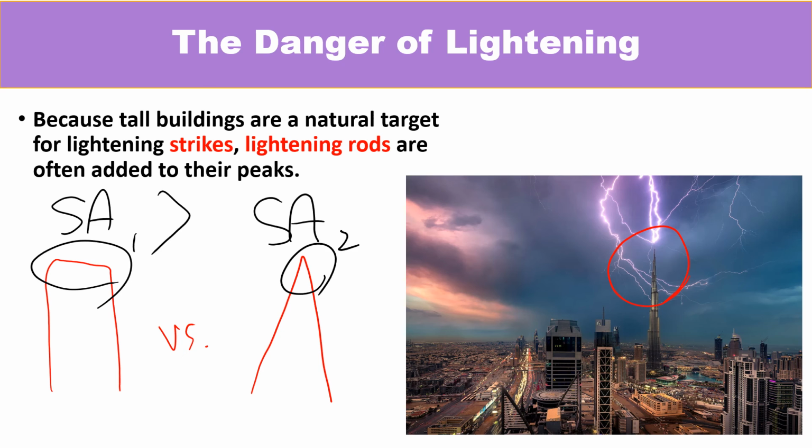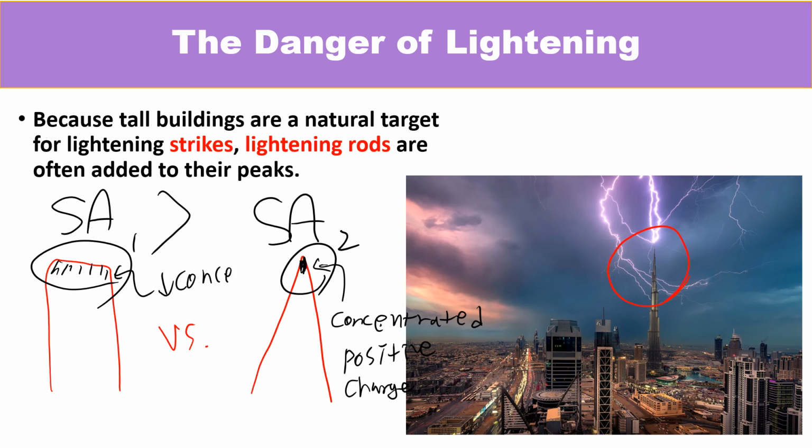And the reason lightning likes the pointiest one is because at this tip, you can have a concentrated positive charge compared to surface area number 2, which has a less concentrated positive charge.